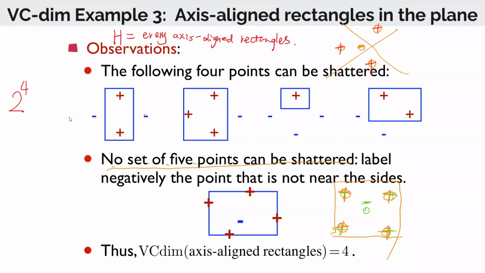I think what he's saying is, what if we moved the negative value outside of the axis-aligned rectangle? Then it would technically still be accurate. And since we can do that, does that make this shatterable?